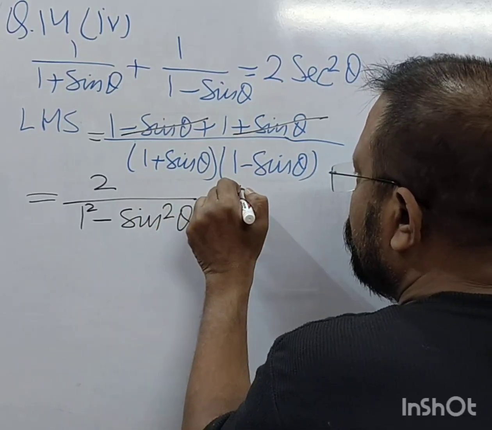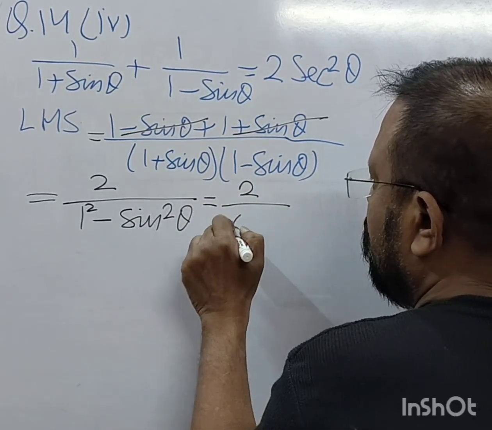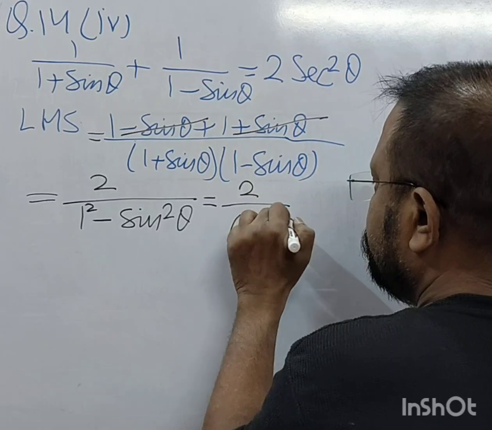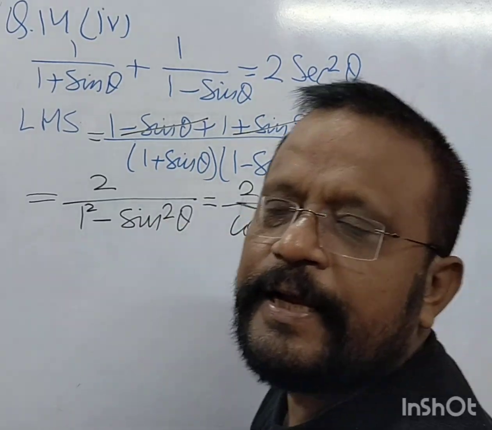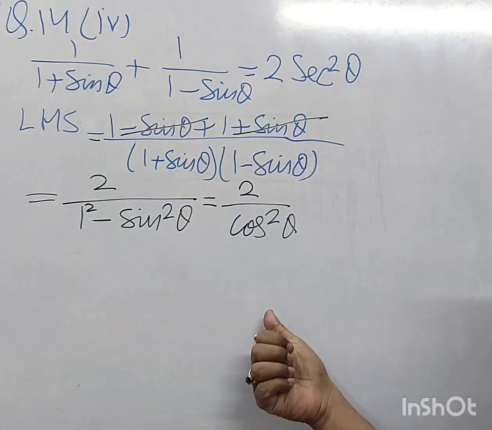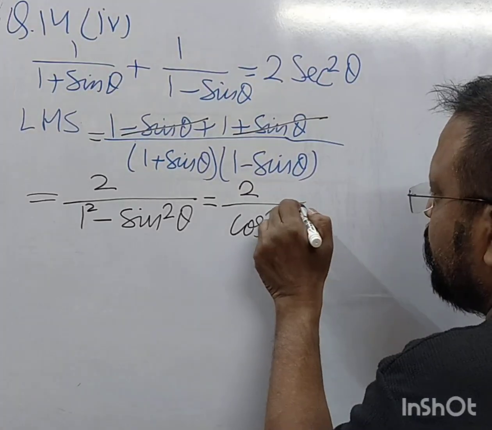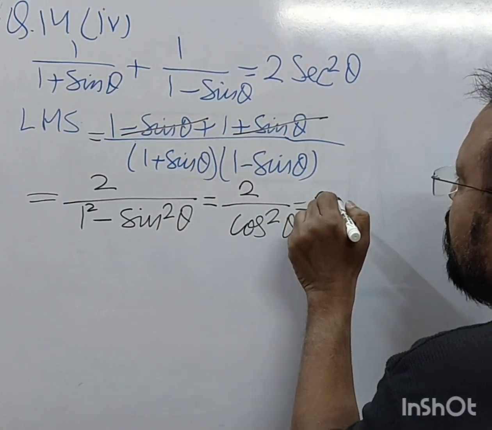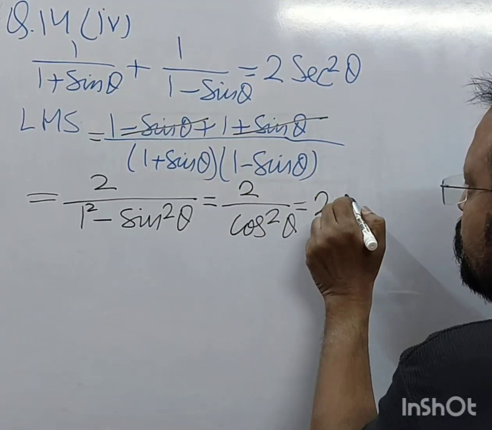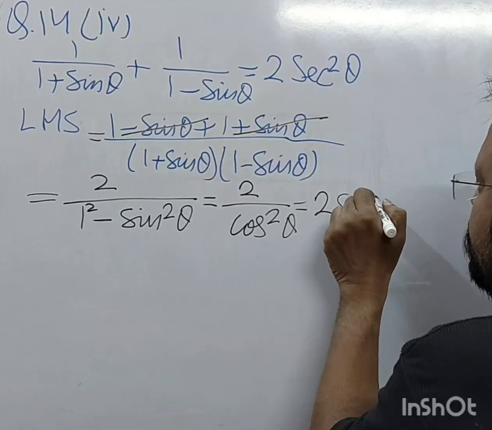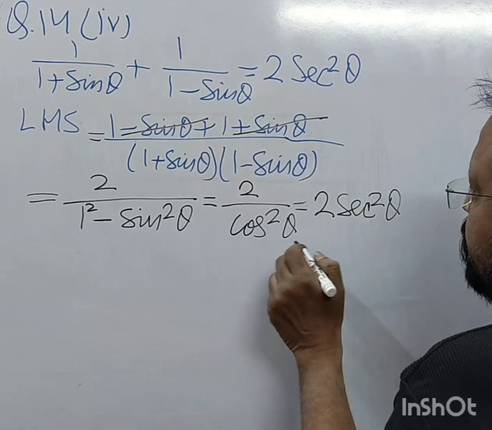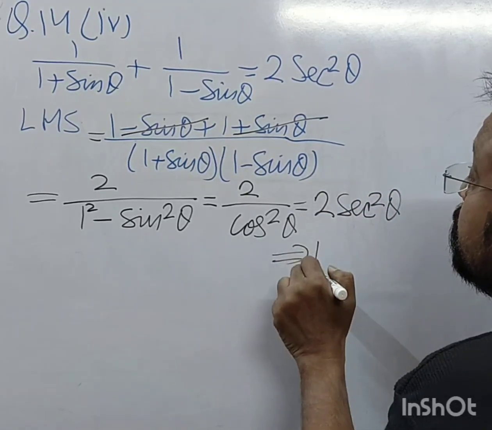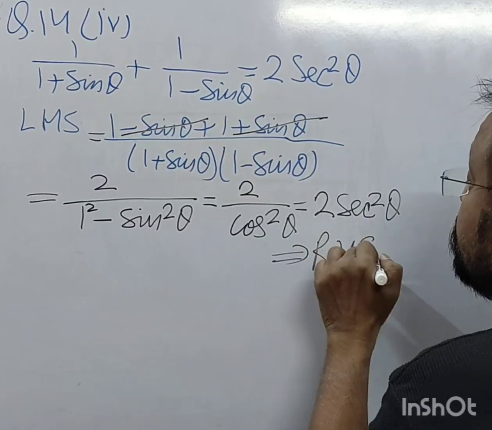So we can write 2 upon cos square theta. 1 minus sin square theta is cos square theta, and that becomes 2 sec square theta. That is equal to RHS.